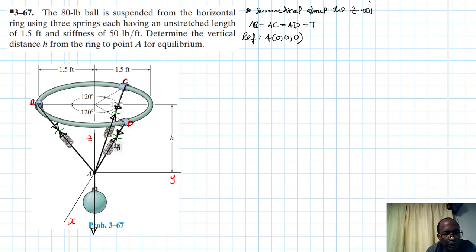So let's call this our AD, this one our AC, and this one is our AB. So let's indicate, of course we said there's symmetry here, so let's just show the angles. We are going to have this component here. This one is a line parallel to the x-axis, right?